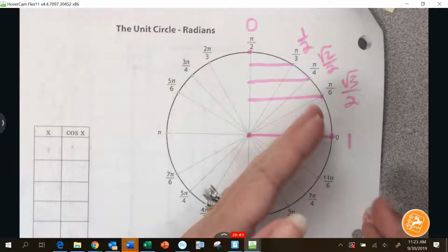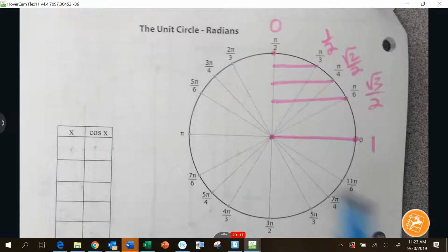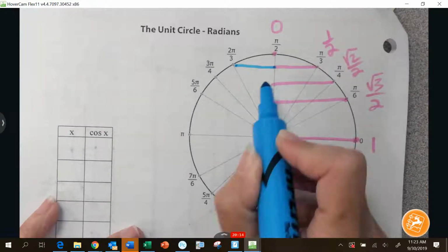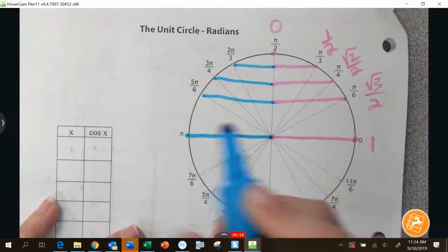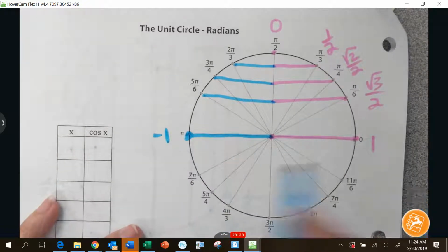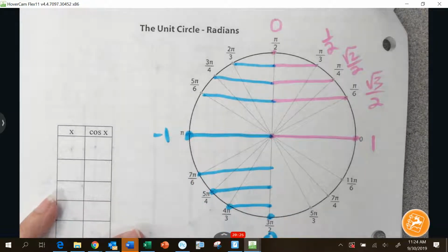And then what happens when we go into the second quadrant for cosine? It becomes negative. So we're going to go negative, more negative, even more negative, very negative to negative 1. And from there will be less negative, less negative, less negative, down to 0.